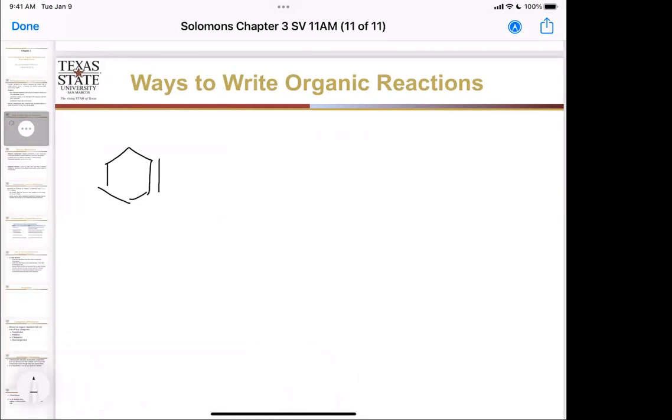Then we're going to draw an arrow over here, and I'm going to say we have bromine here. Now, in this case, if there's only one thing above or below the arrow, that's typically the reagent. Then we can say, okay, that's going to do some reaction. We don't know exactly what this reaction is yet, but we're going to say that that is our product.